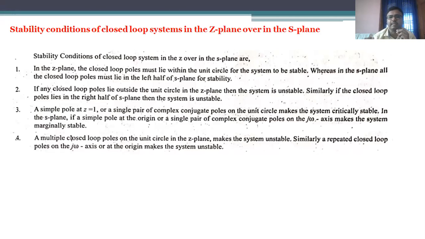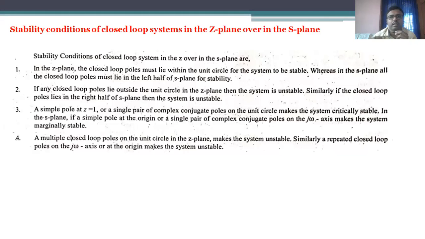Similarly, in the s plane, if a simple pole or a single pair of complex conjugate poles lies on the j omega axis, that is on the y axis, then that system is called marginally stable in the s domain.